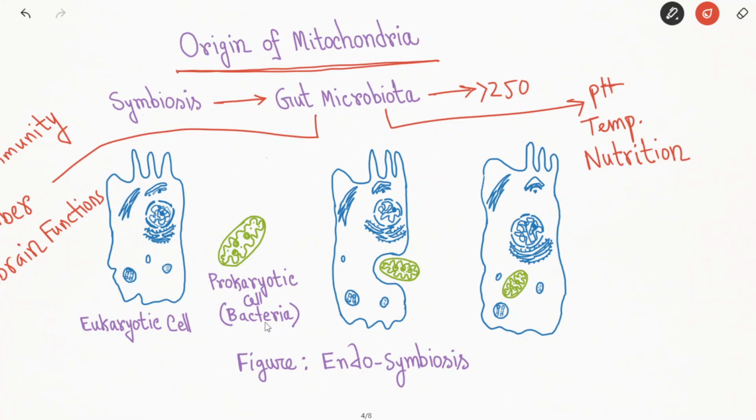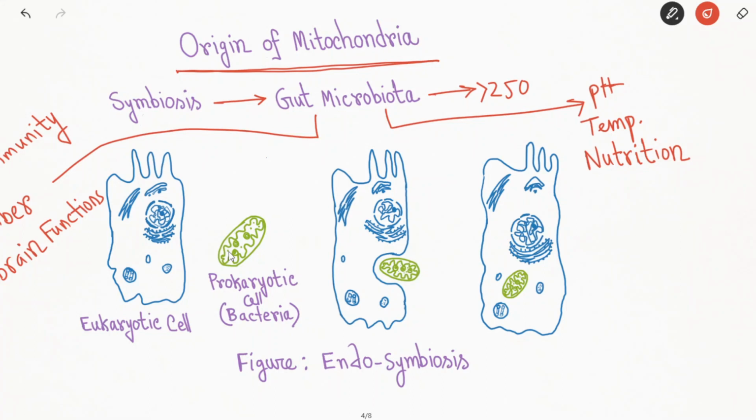We already know the definition of prokaryotic and eukaryotic cells. Eukaryotic cells have a well-defined, well-structured nucleus. On the other hand, a prokaryotic cell does not have a well-defined nucleus. Rather, the nuclear material is present in the cytoplasm.